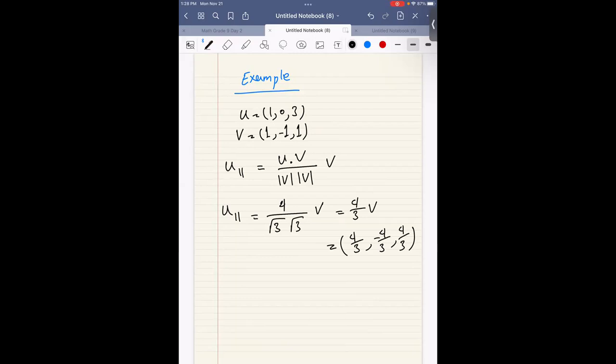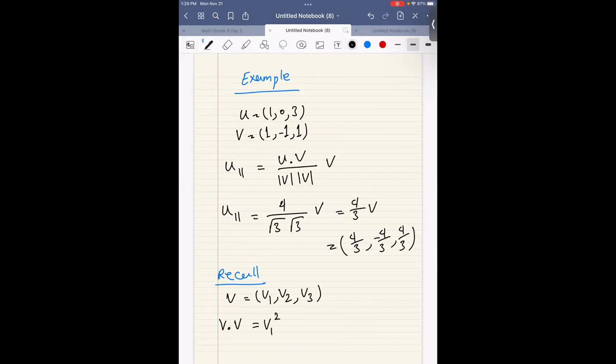Now, what I wanted to tell you is that, recall that if you have a vector like u or v, say v is equal to v1, v2, v3, then v dot v is what?